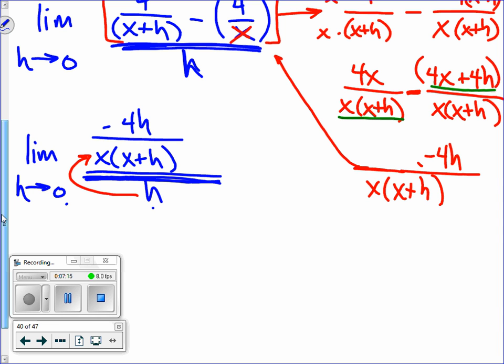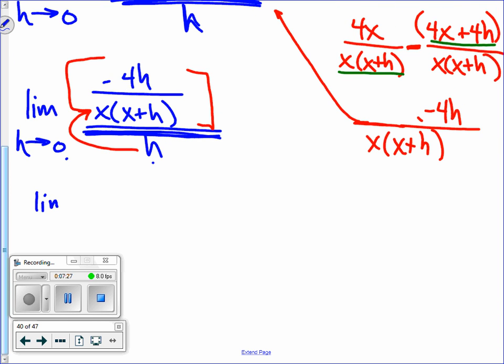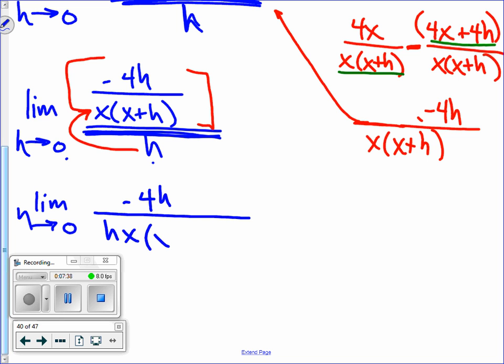If you have a fraction that includes a fraction in the numerator, you can swing the denominator into the top. So now we have the limit of negative 4h over the h from the bottom comes up, it joins the x and the x plus h.